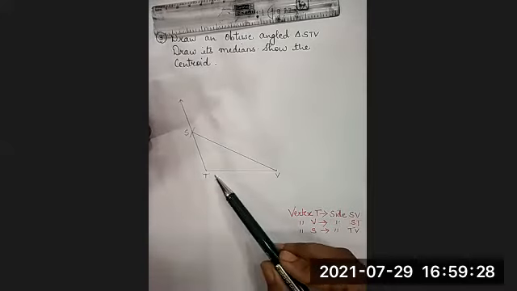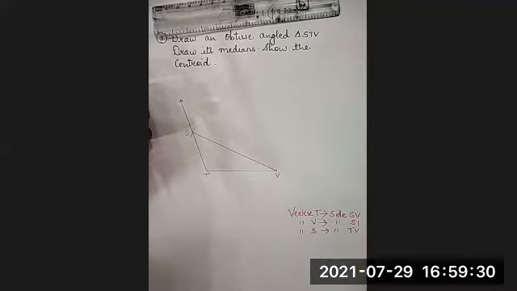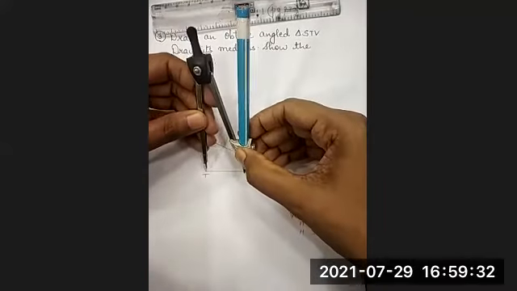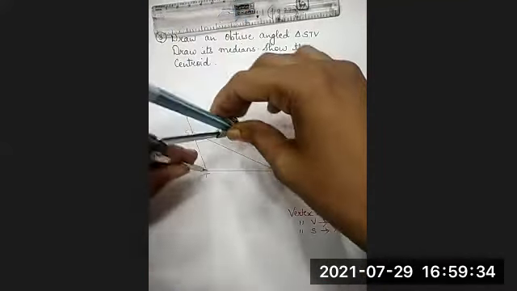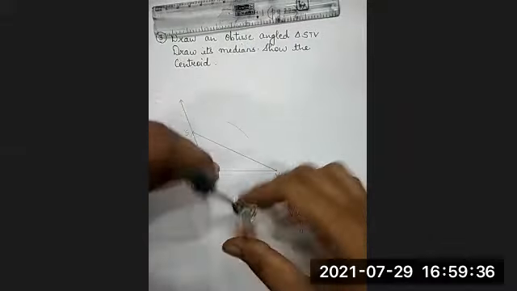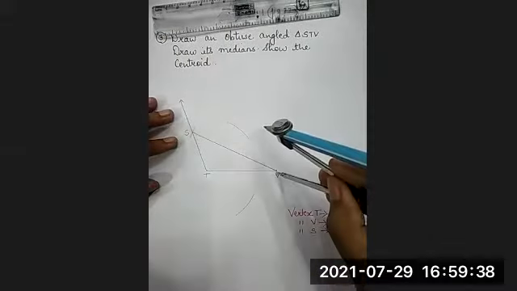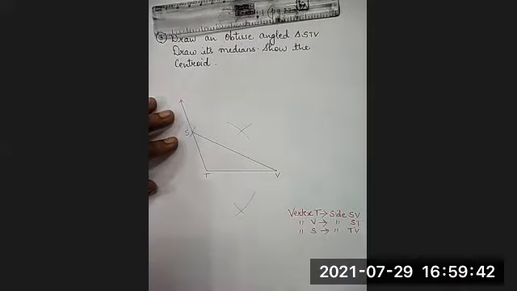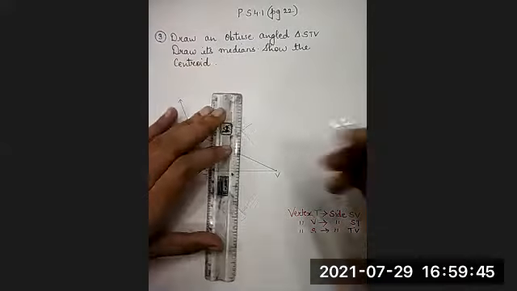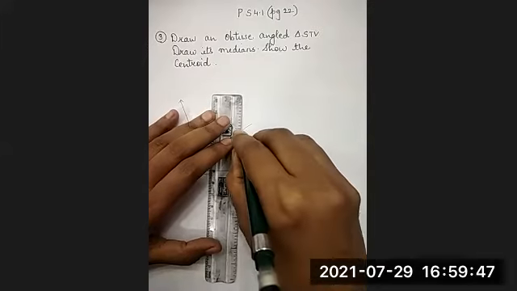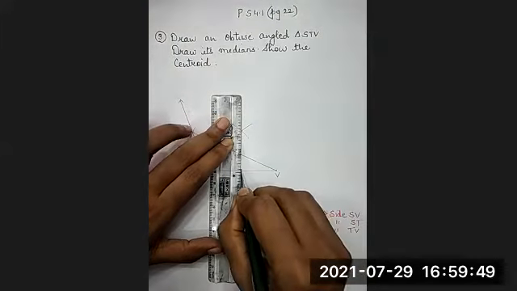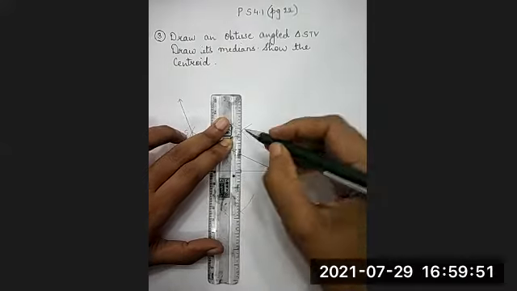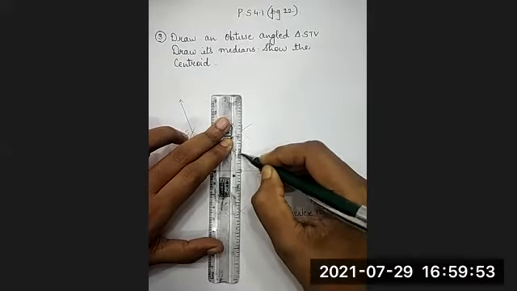So I will first begin with side TV. I take the compass, take more than half distance, make an arc from point T, then same distance, I will make the arcs from point V. So I got the 2 points of intersections. I will mark the point on side TV and the remaining I will just draw a dotted line.